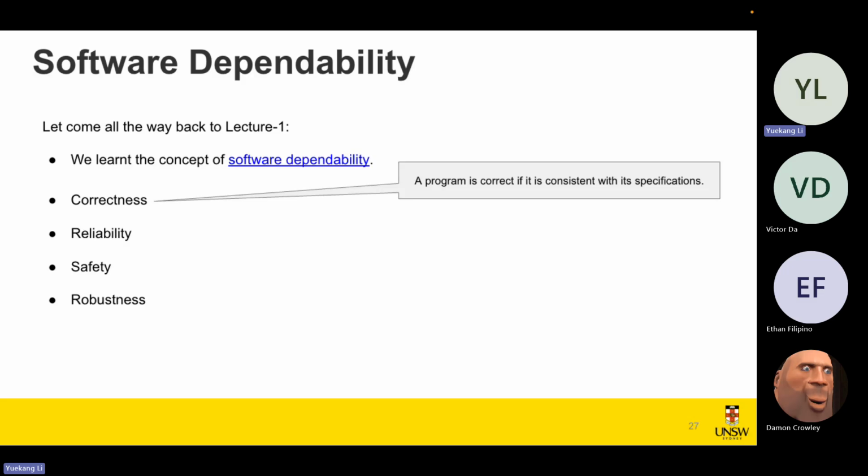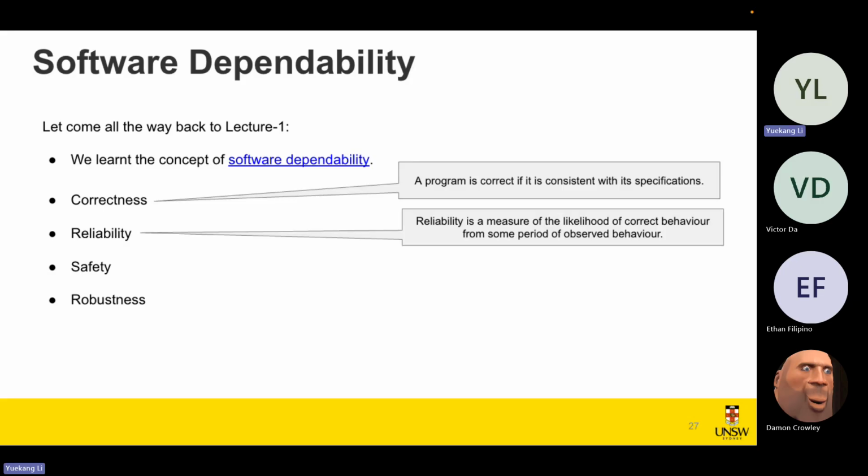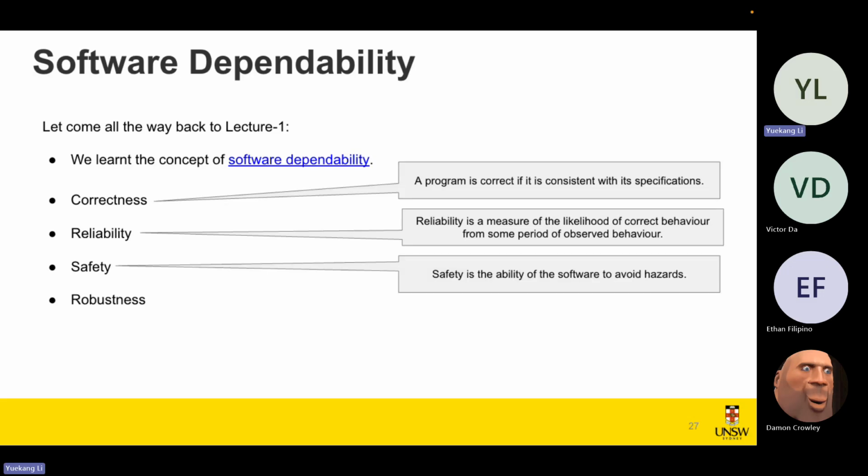Reliability means the software works for the period that we are observing it. A more formal definition is that it's a measure of the likelihood of correct behavior for some period of observations. Safety means we can avoid some undesired situations.